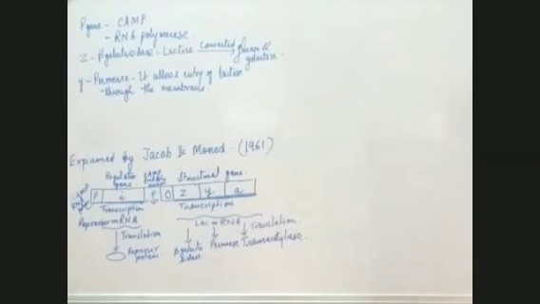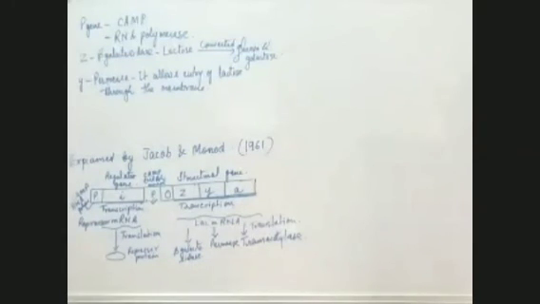The Y structural gene undergoes transcription, forms lac messenger RNA, which undergoes translation and forms permease. So this permease allows the entry of lactose from outside through the membrane into the cell.